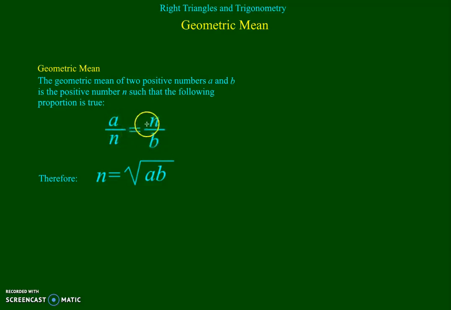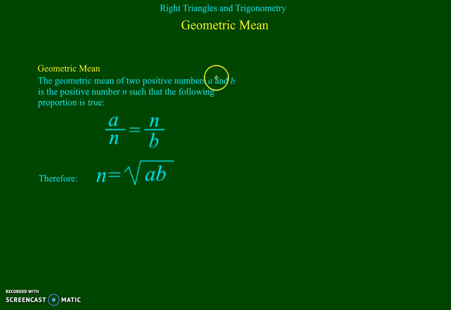The second and third are called the means. And so when we deal with the geometric mean, we're talking about the means being the exact same value. So you can see that n and n are the same number here. The extremes are potentially different, but the means are going to be the same when we have a geometric mean.